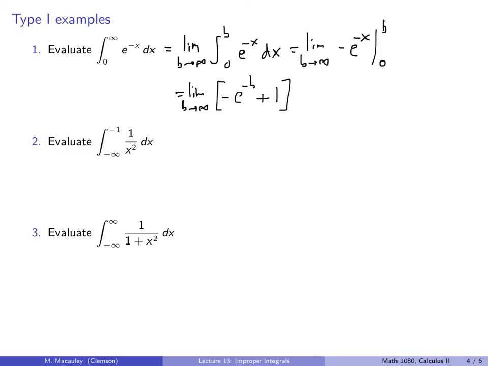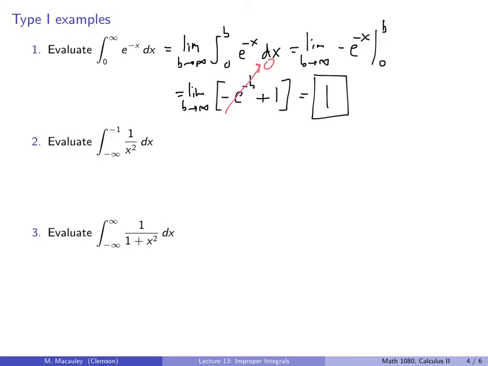And so this limit, when you plug in b equals infinity, that term is just going to go to 0. Again, you're technically not plugging in infinity, but you essentially can do that. I've never gotten in trouble doing that. Okay, so that's equal to 1.